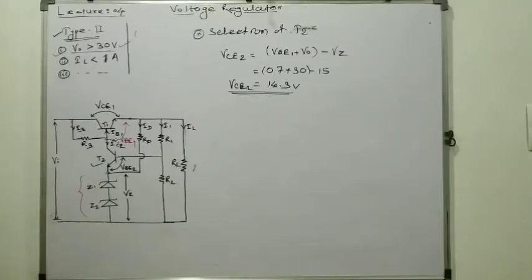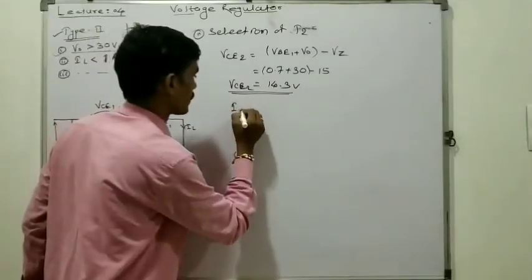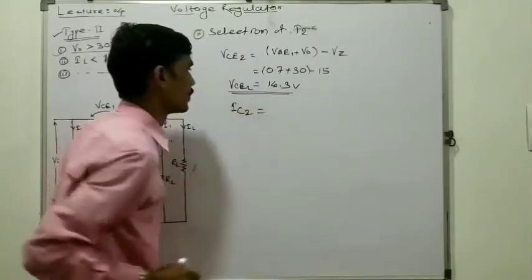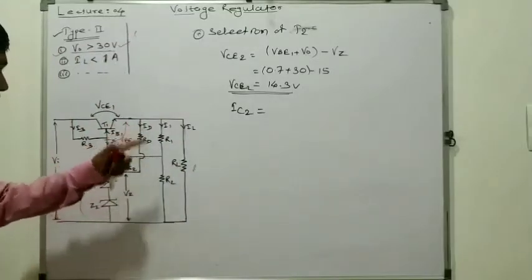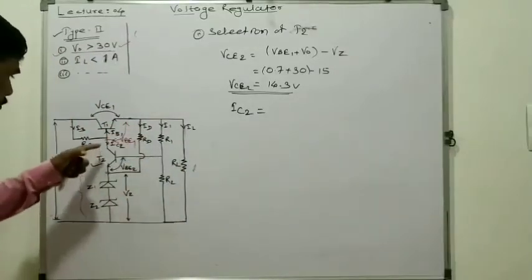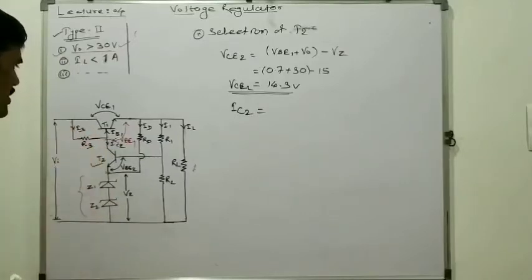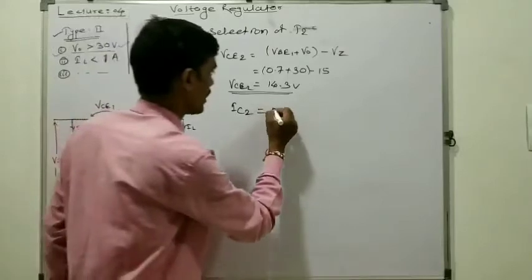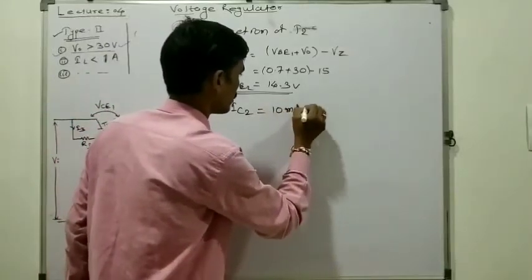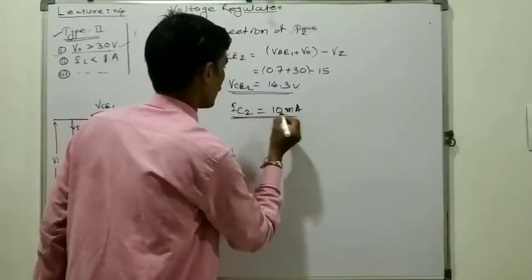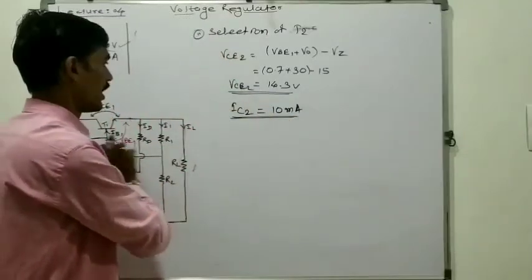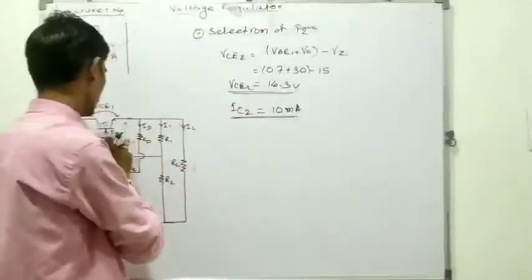Next is IC2. We have to calculate IC2. In the previous step, while selecting the Zener, we assumed IC2 equals 1% of the load current, and it equals 10 milliampere. So we already assumed that. So we have the value of voltage across the collector emitter and current flowing through that transistor.